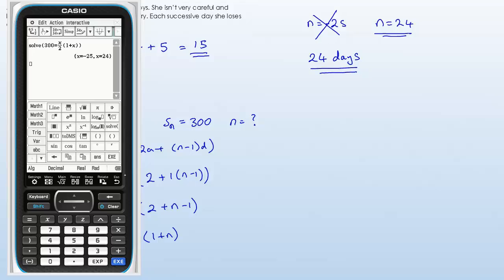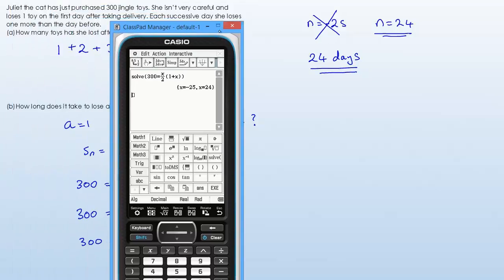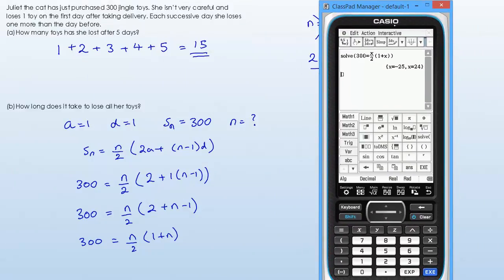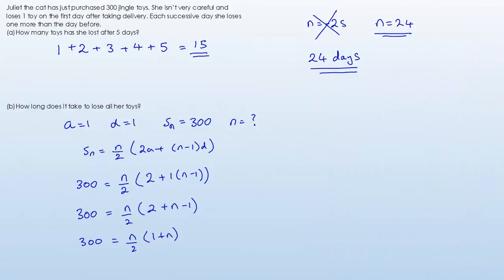Now we had the calculator anyway, so why did we do it this way? What we could have done instead, let's just do it down here, is found the nth term formula. So we know that Tn is a plus n minus 1 d.